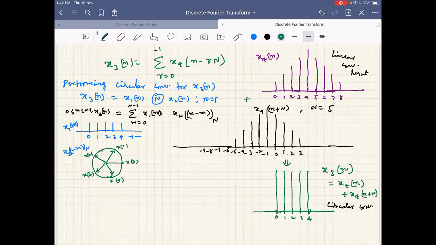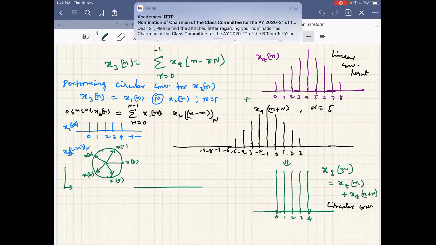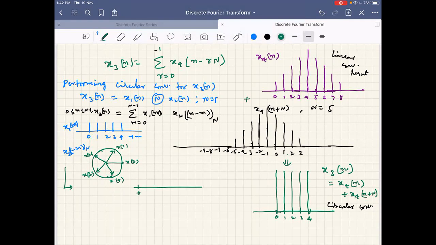So x of minus m, if I want to write, how do I write it? Whatever x of 0, I will write the sequence number also here. Let me write the sequence number on the top: 0 and x of 0.